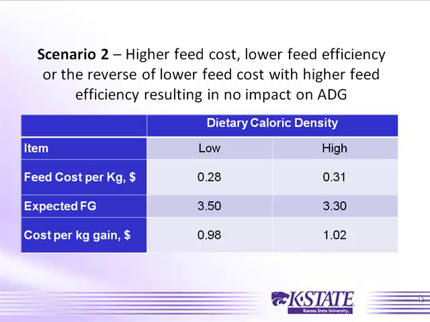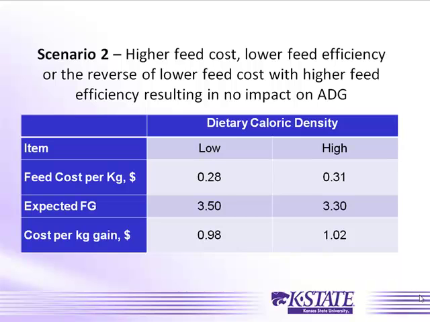Now it gets a little more complicated. Now you get the scenarios of higher feed cost giving you better feed efficiency, or the reverse where you go with lower feed costs, which we've had to do in the last few years, and it goes to a higher feed efficiency because you've got a lower caloric density.